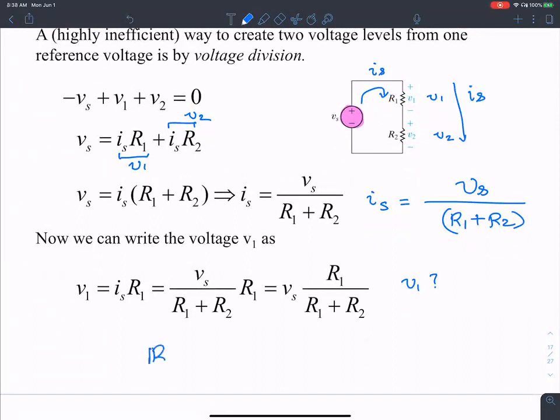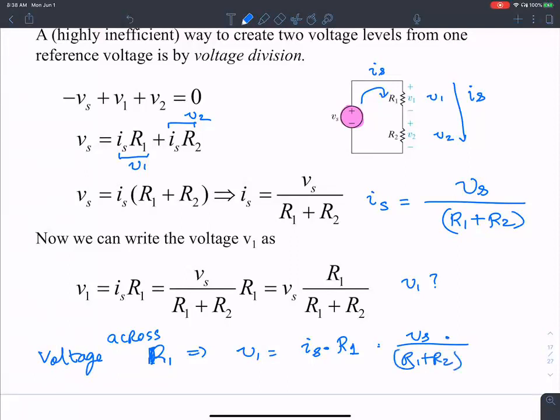If I have to find the voltage across R1, shown as V1, I should simply multiply IS times R1. I just found that IS is Vs over R1 plus R2. That multiplied by R1 gives me the voltage across R1. So this voltage is R1 over R1 plus R2 times Vs.